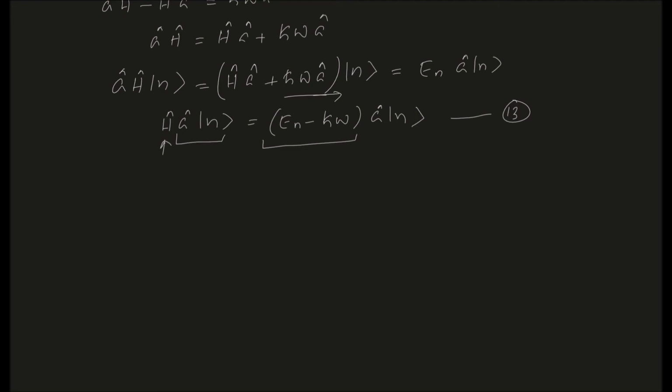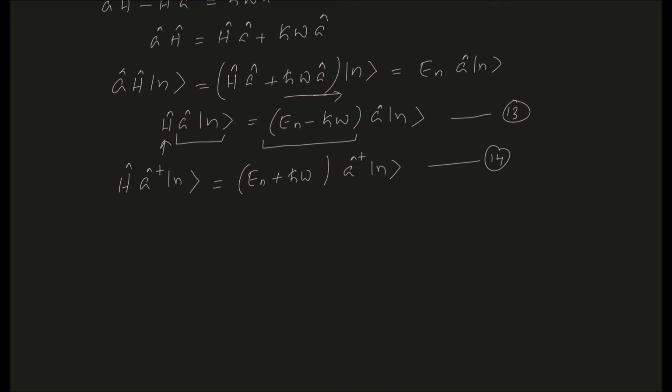Similarly, we can prove that H a dagger |n> is equal to En plus h cross omega, a dagger |n>.